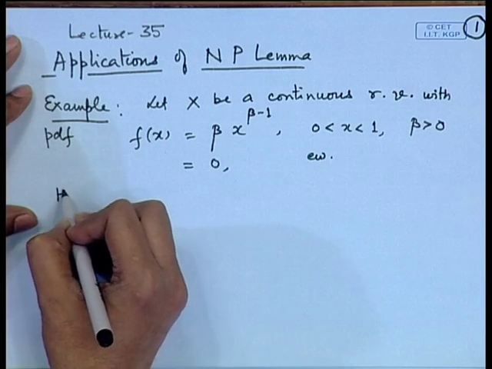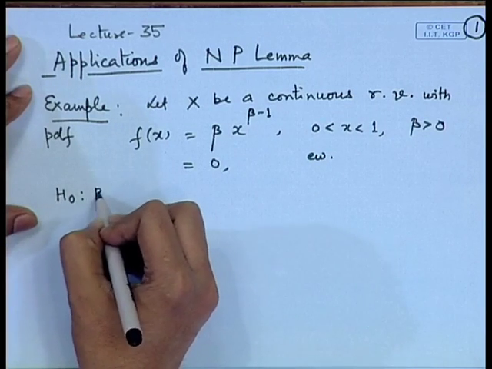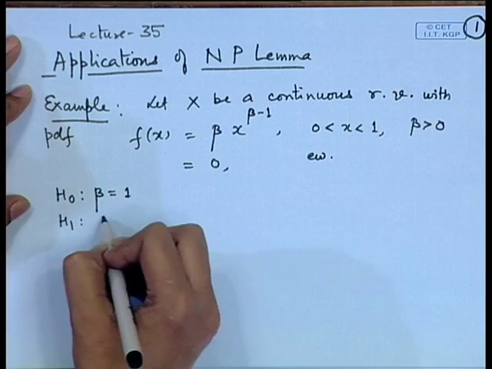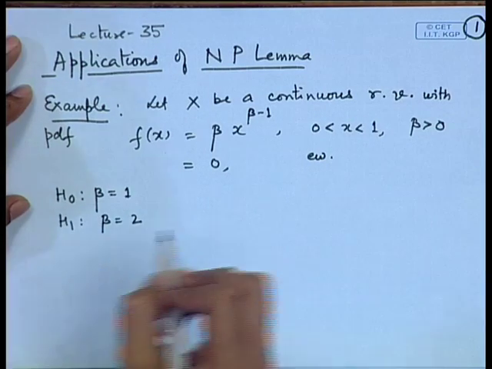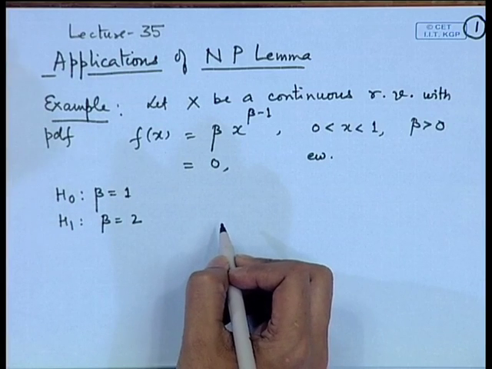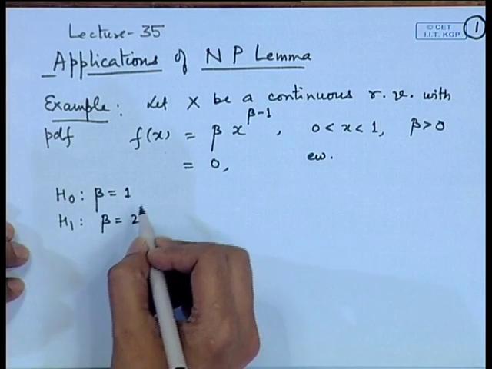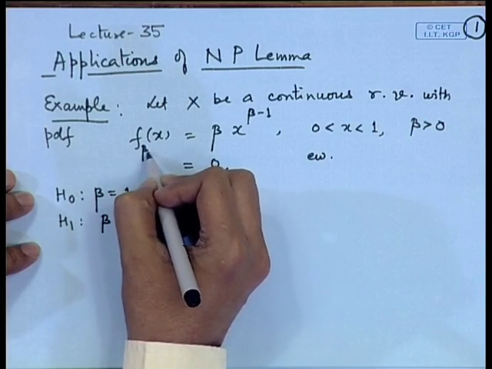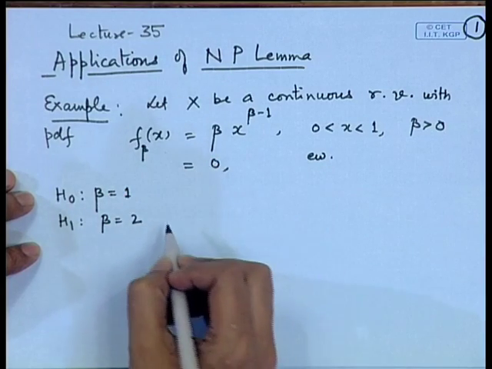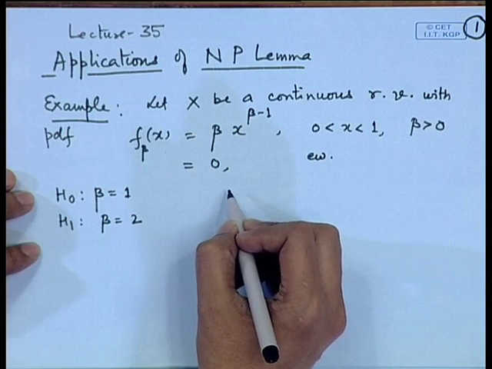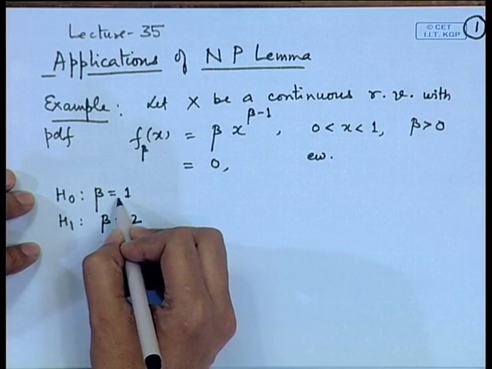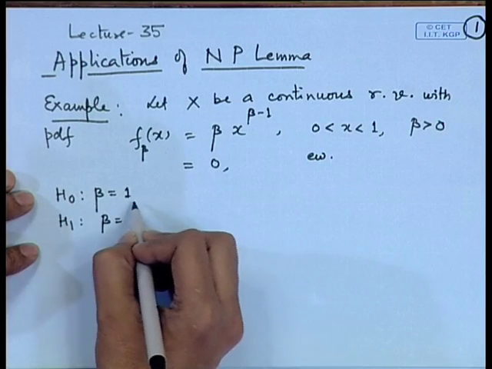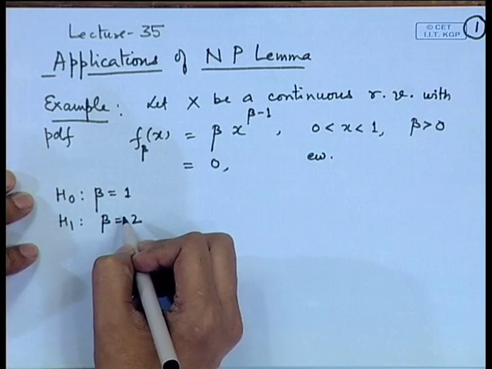We want to test the hypothesis H naught: beta = 1 against, say, H 1: beta = 2. Here this is f beta, the density is dependent upon the parameter beta. So, we are interested to test whether beta is equal to 1 or beta is equal to 2. Now, you can see here that both of these are simple hypotheses.